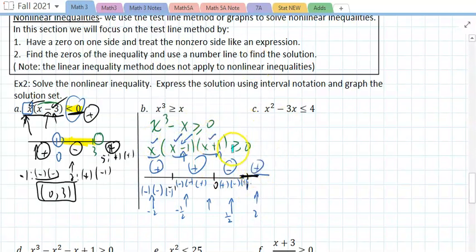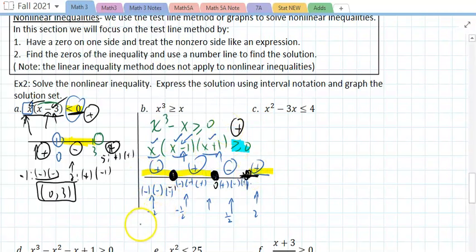I want to know, where is this bigger than 0? Isn't bigger than 0 meaning positive? But it's included. So where are we talking about? Where is it positive? It's positive here, here, and here.